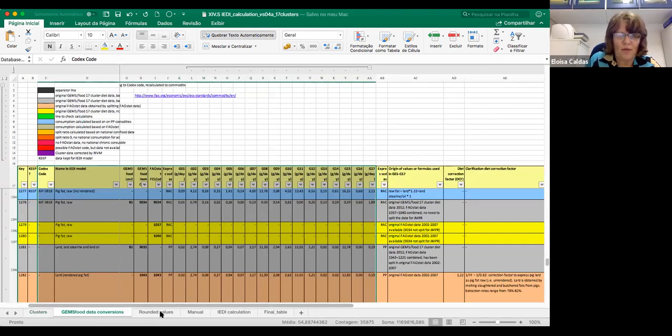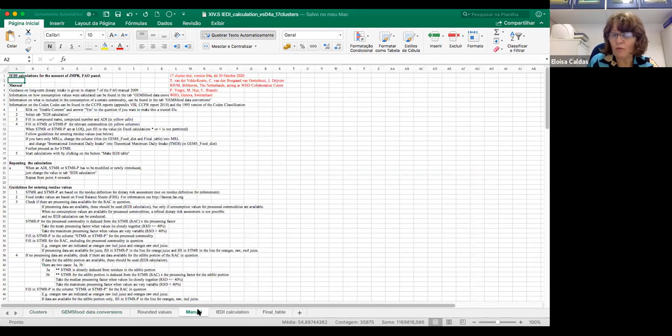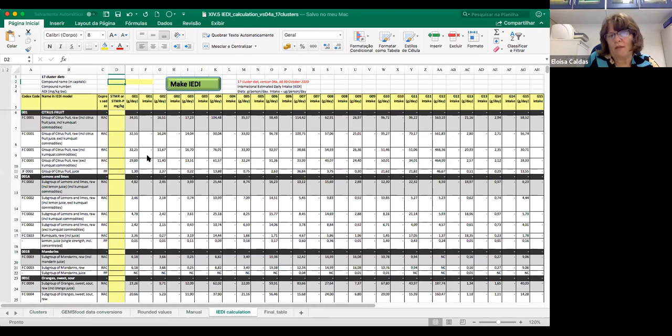So there is a manual to use this. I hate manuals, but here's the most important thing. When you open the template, I don't think I did that, so I'm going to close it and open it again so you can see what you have to do.